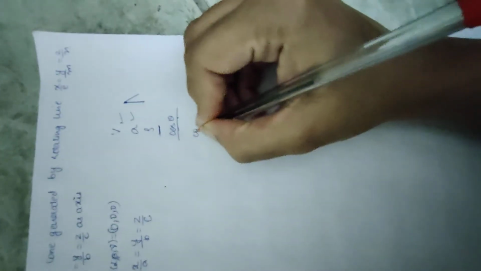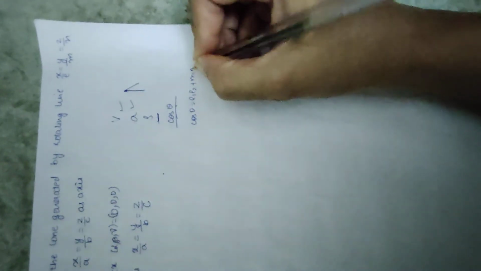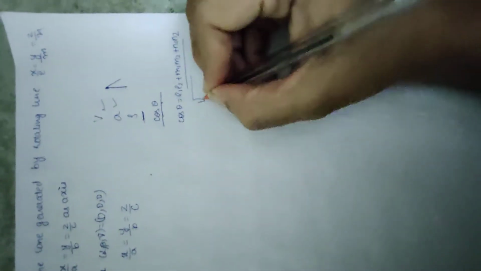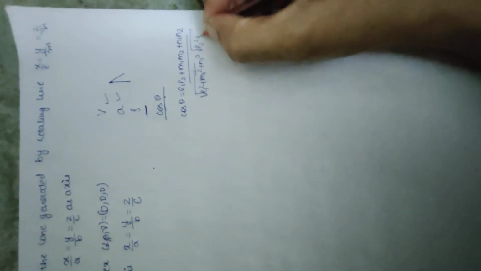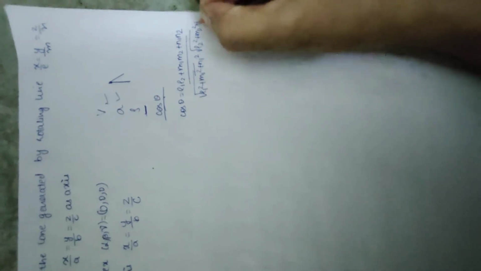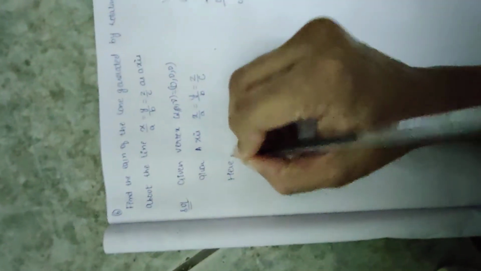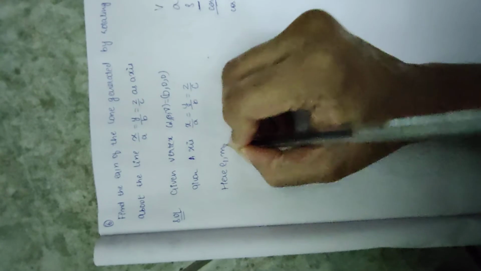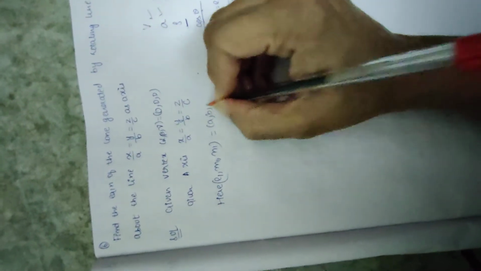As I mentioned earlier, the cos theta formula is nothing but l1 l2 plus m1 m2 plus n1 n2, whole divided by the square root of l1 square plus m1 square plus n1 square into l2 square plus m2 square plus n2 square. From the axis, I'm going to pick up l1, m1, n1, which are a, b and c.